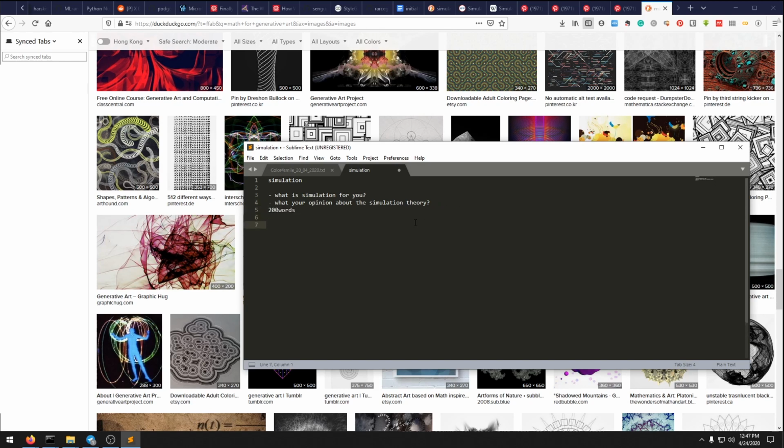And in the next two classes we're going to do two simple simulations. So one is going to be a basic physics simulation, or I would call it a basic real world simulation.